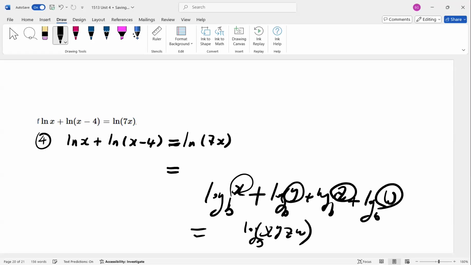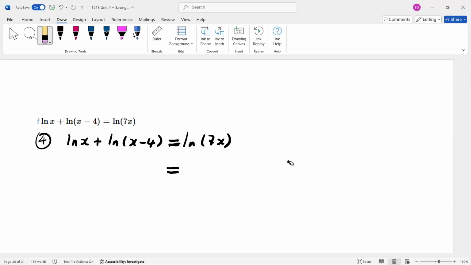That's done. But here we can predict that if we move this term over to the left side, we're going to have a subtraction. So that does not help or cannot go with condensing this part. So we are going to condense the left side first.